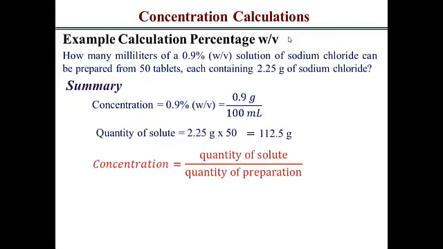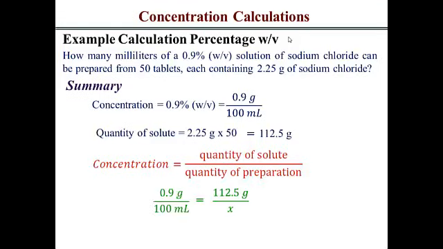So we go back to our equation, which says your concentration is equal to the ratio of your quantity of solute to your quantity of preparation. We have our concentration, we have our quantity of solute. So basically we simply plug in these numbers into this equation and solve for our quantity of preparation.